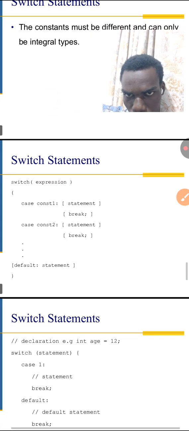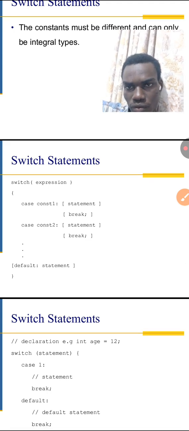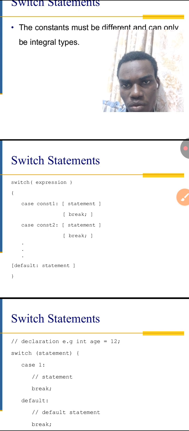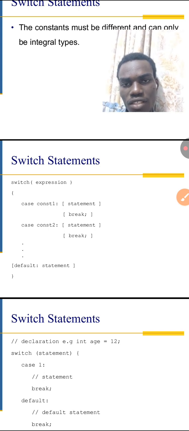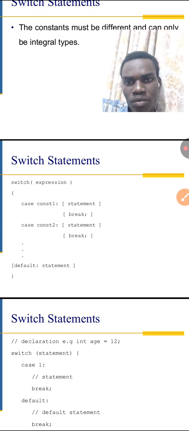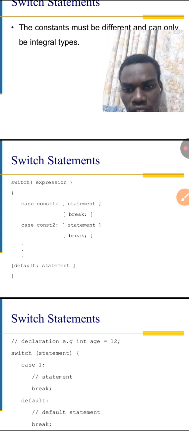You type in the switch, and then you put in the expression, and then you use case 1. You state your statement, and then you end or break that statement, telling the system that for case 1 you have ended a statement, and then you are moving to another case.